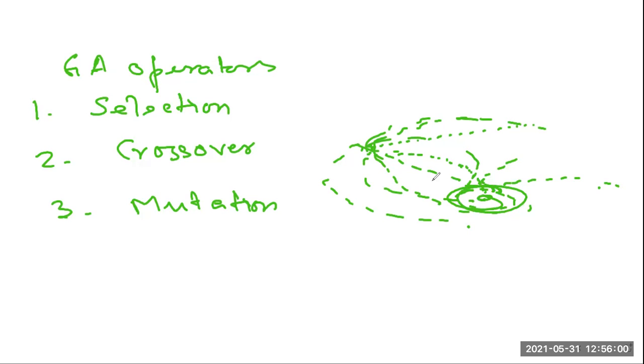As per Darwin's theory, the fittest living beings will survive, and the non-fittest will not survive in this world. We'll see in detail how the selection operation is done.